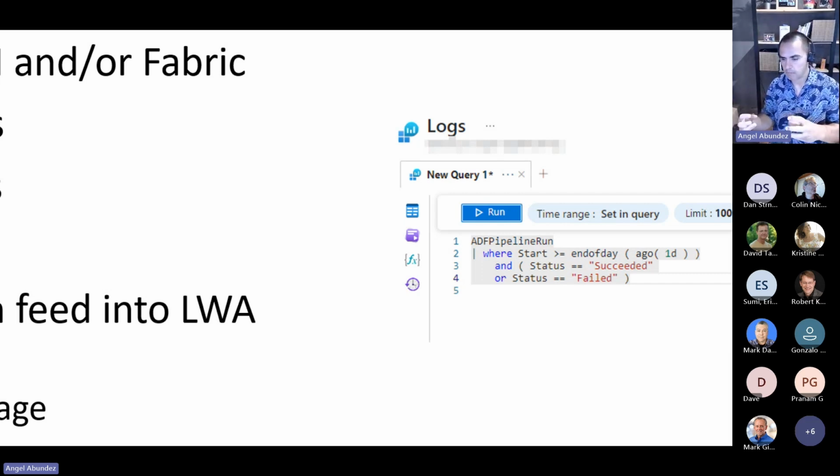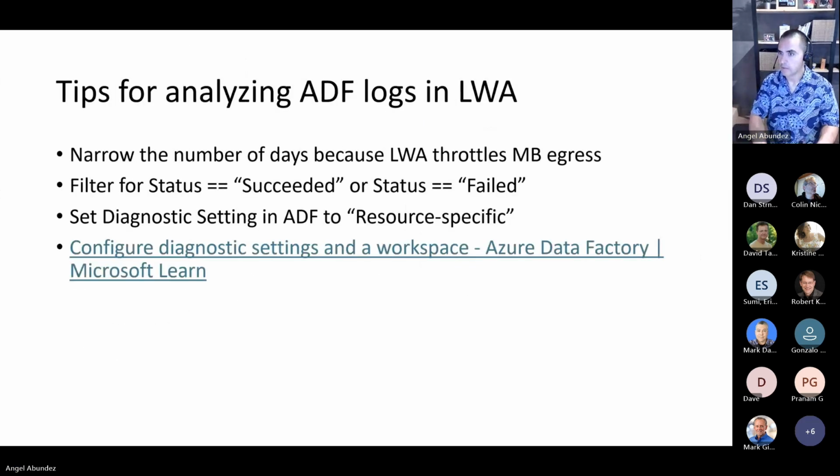So ADF pipeline runs are the parent object, and inside of a pipeline you have multiple activities. That's where you could have both tables at your disposal. And there's a link here. We'll publish this out so that you can access these things. I could probably bring this up later if you want to see.